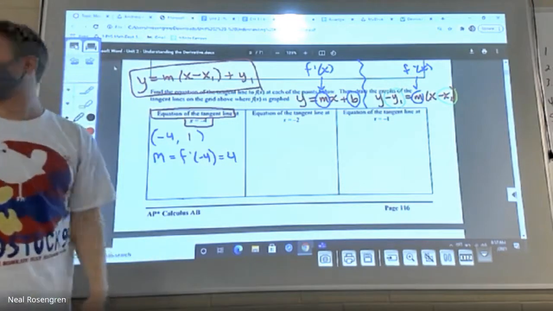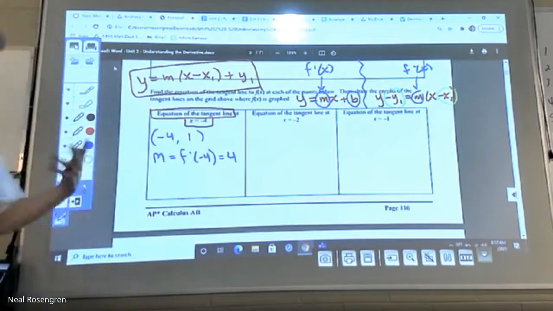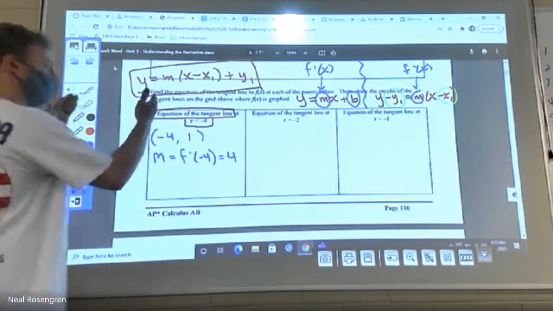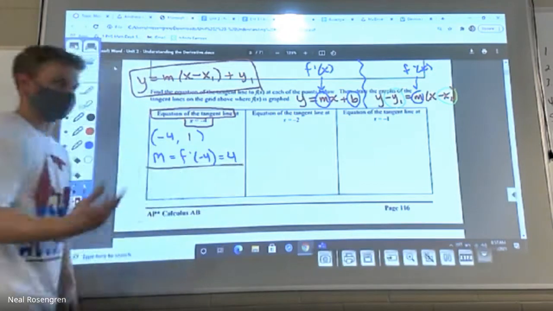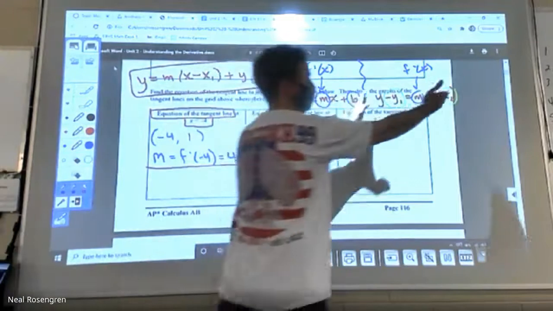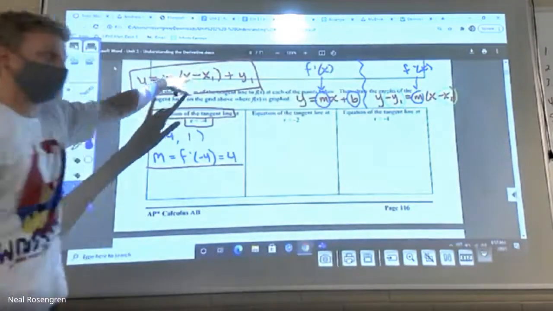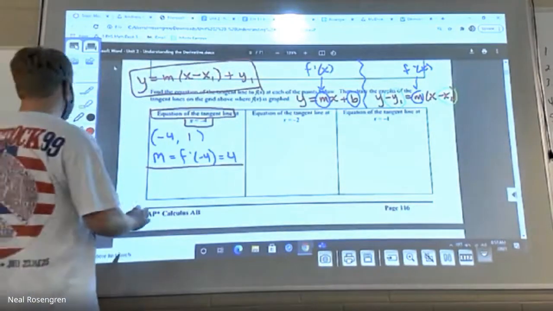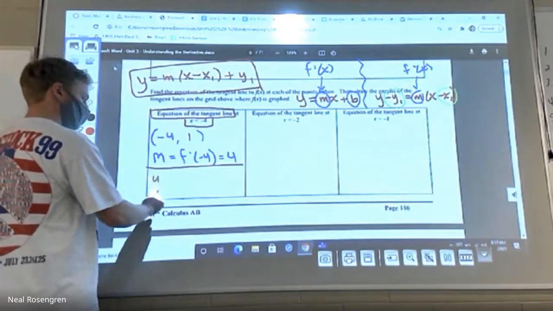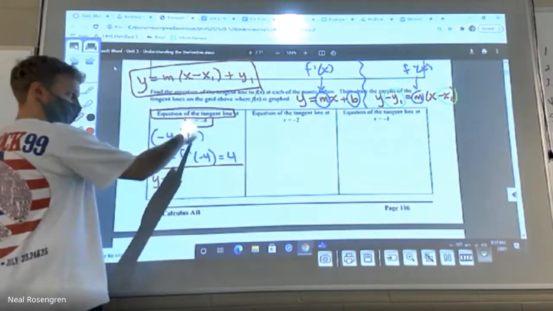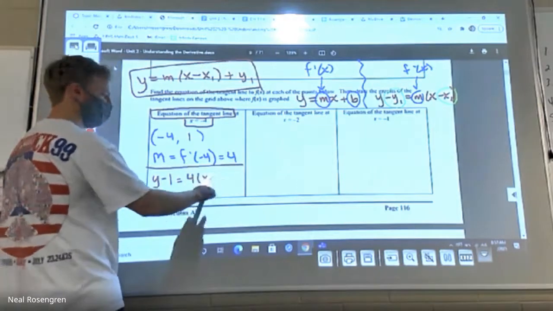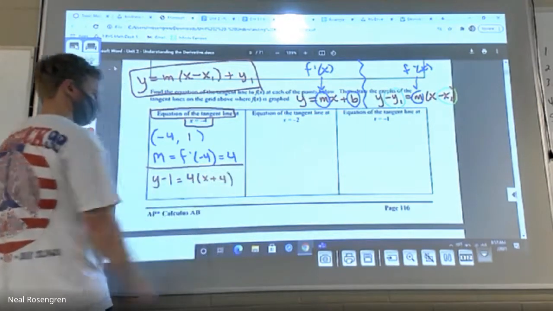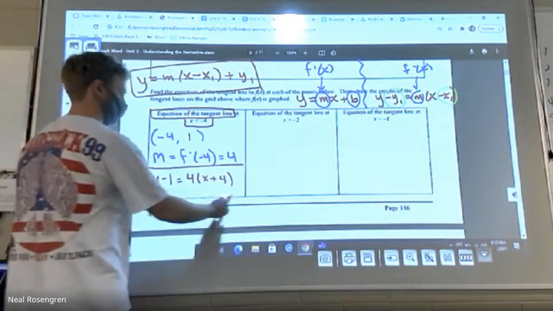They wrote the function too, right? They said f of x is negative x squared minus 4x, whatever it is. So you can always plug it in if you want. But if I know the point and the slope, because I know the derivative, then I can just write the equation of the line. Now I'm going to go back to this one. If you want to use this one, go for it. You want to slide the y value over, but this is pretty common that we would write it y minus y1 equals m times x minus -4, so x plus 4.